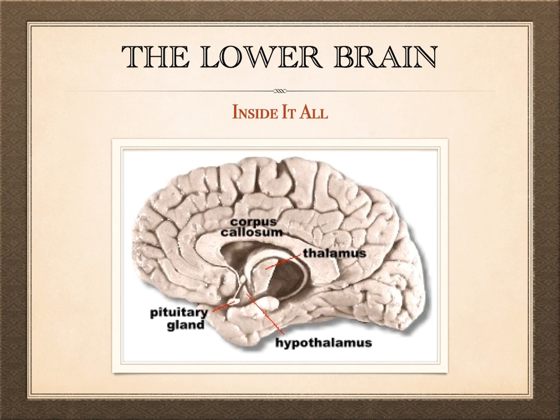And so this is kind of a primitive, automatically functioning part of the brain, but a lot of very important stuff here, right? Memory, hunger and thirst, emotion. There's a lot of different cool things that are going on in the lower brain.